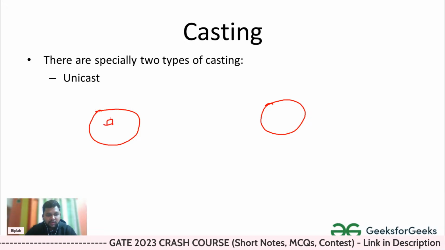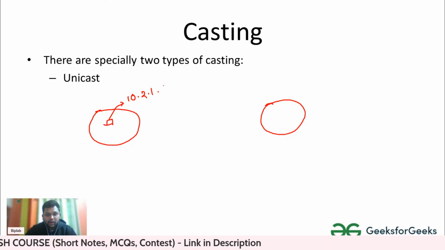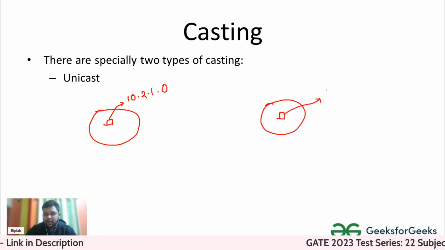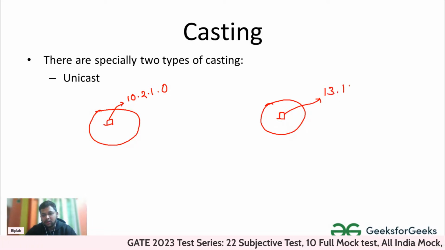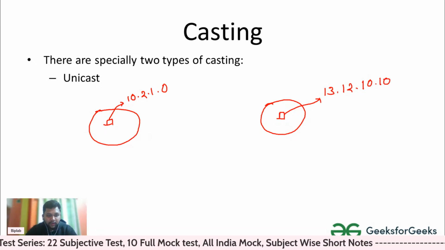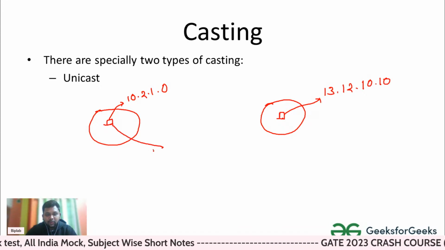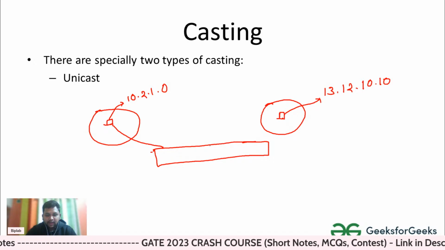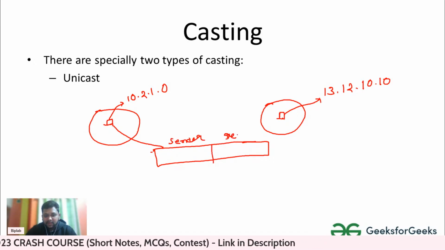Here is a user who has the IP address 10.2.1.0, and here is another user who has the IP address 13.12.10.10. When this user wants to send some data to this user, it will send a packet with the message, the sender ID and the receiver ID.